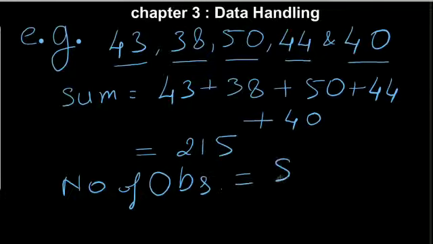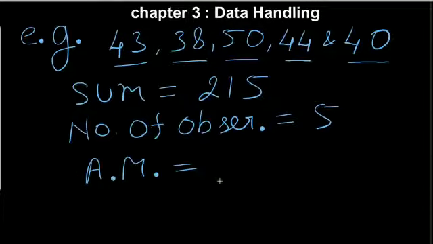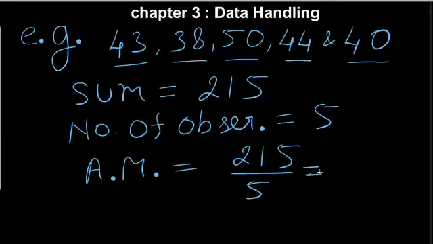So we have taken 5 observations. So what is the arithmetic mean? Arithmetic mean is equal to 215 upon 5. Divided, you get the answer 43. So this is the answer of this example.